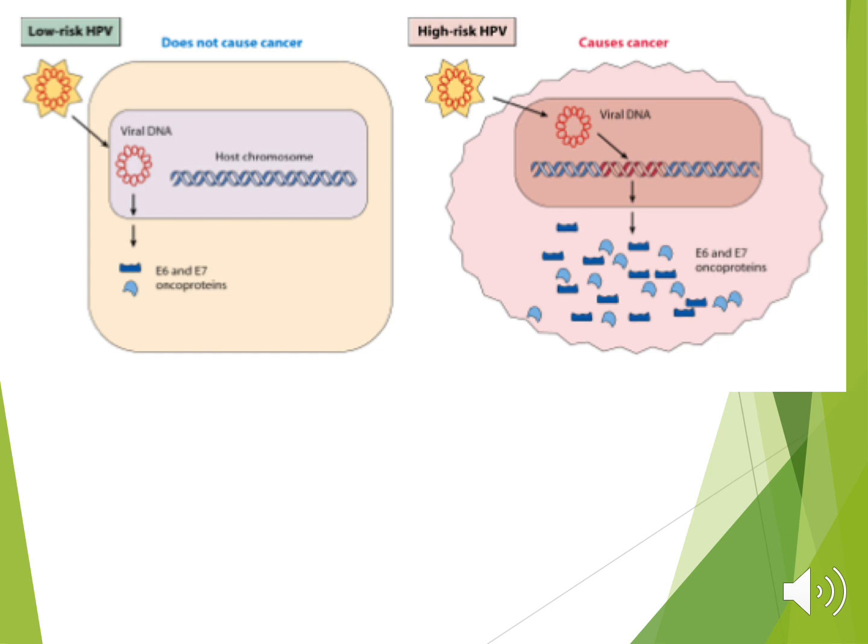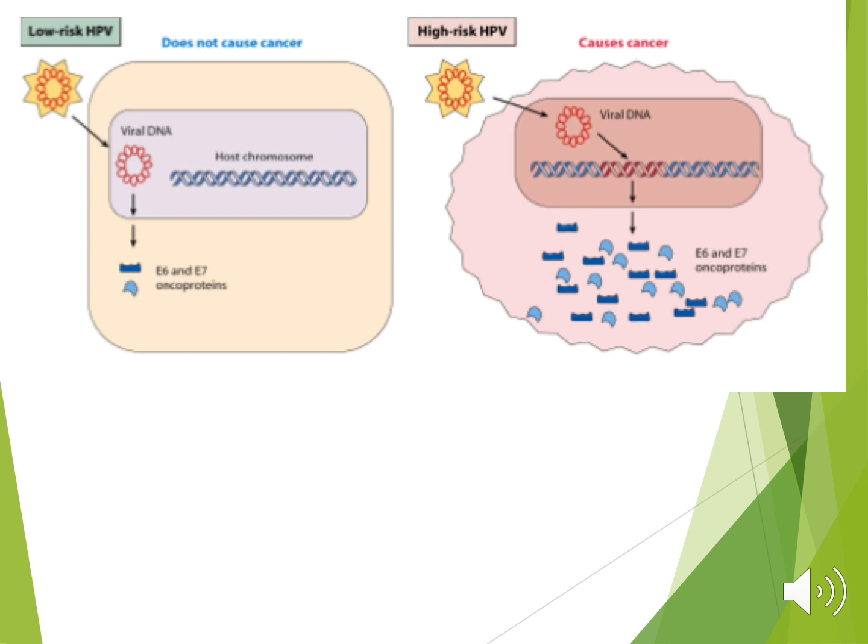And so expression of the oncoproteins that results in the proliferation is not high. That's why these low-risk viruses do not result in cancer. On the other hand, the high-risk ones, such as HPV 16 and 18, actually integrate themselves into the human DNA. This will result in overexpression of E6 and E7. Also, it will result in suppression of P53 and RB and overexpression of MYC.